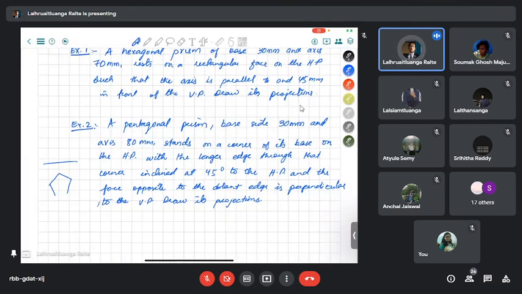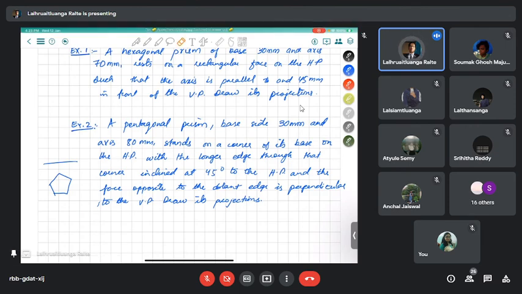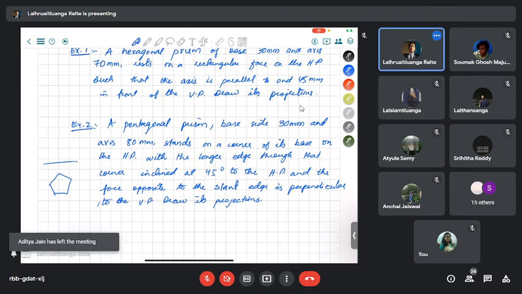Now let's see what the other conditions are. The other condition says that the longer edge through that corner is inclined at 45 degrees to the HP, and the face opposite to that slant edge is perpendicular to the VP. Draw its projections. Now the question is making our condition easier.